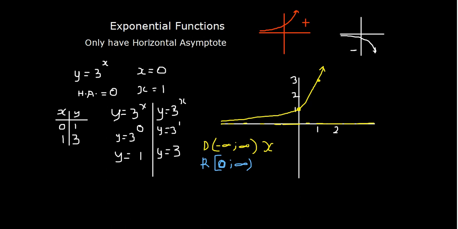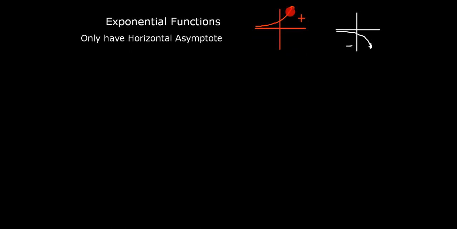Maybe we can also do the negative one so that you'll be able to see. Now you know that the positive one will go like this. Let's do the negative one just in terms of 3 to the power of x, like the one we did previously. So now it will be y equals negative 3 to the power x.